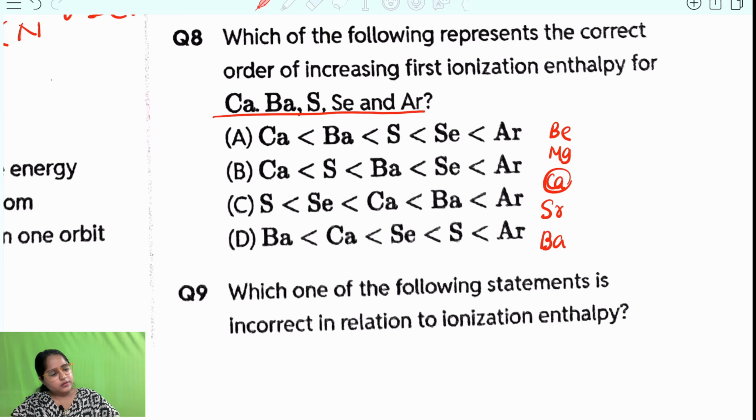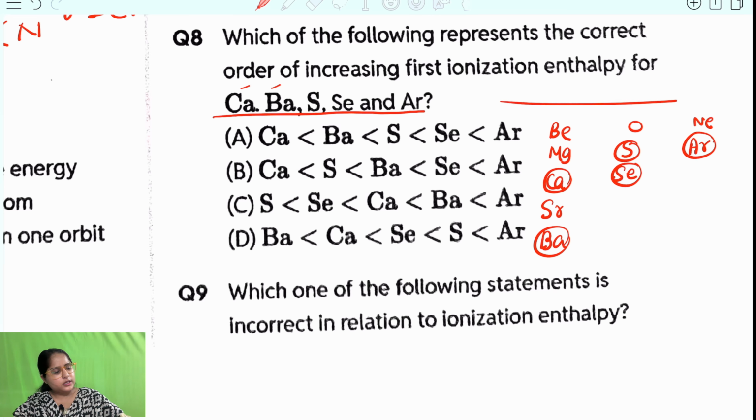From here we need calcium and barium, the remaining are waste. Okay, so calcium and barium I have arranged. Then what do I need to arrange? Oxygen, sulfur, and then selenium. Oxygen is not required, sulfur and selenium are required, and then here neon, here we have argon. Argon is required.